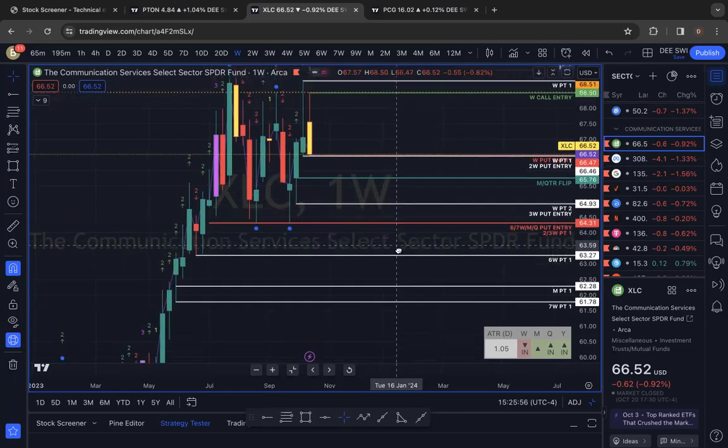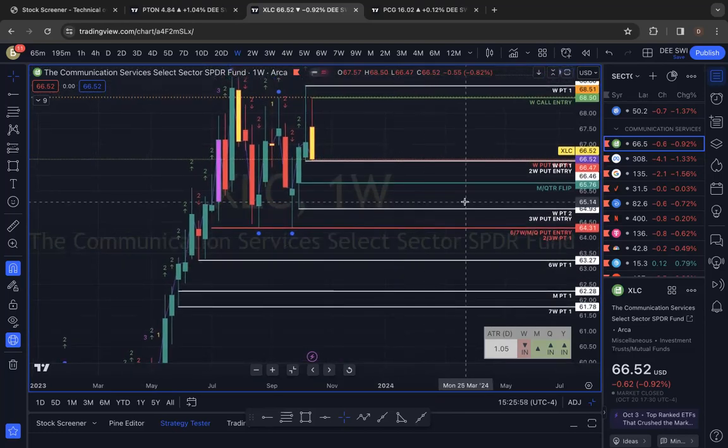What this allows you to do is to see where price could potentially go. Now you have price targets, now you have levels, now you have different participation groups in agreement saying where they think price is going.